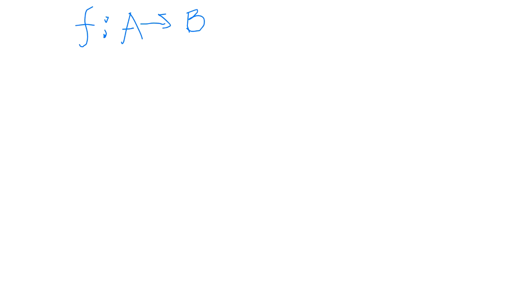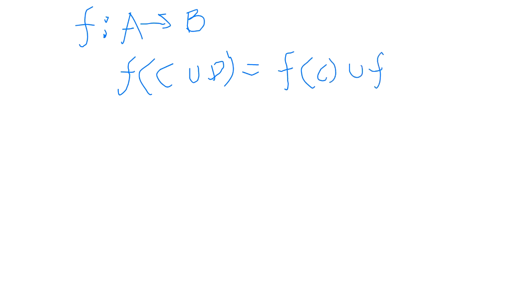Then everything is nice and simple. The function of C union D is simply the function of C united with the function of D. And the same thing goes for the intersection.